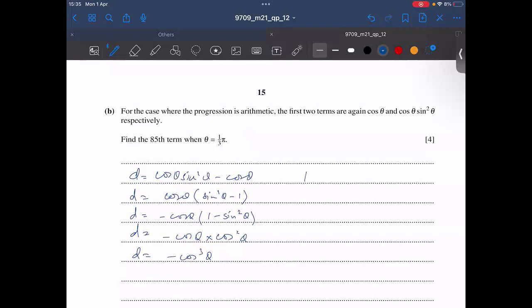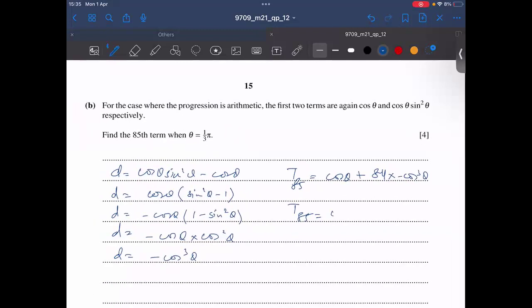And so T85 is going to be a, which is cos theta, plus 84 times minus cos cubed theta. T85 is going to be cos pi by 3 minus 84 cos pi by 3 whole cube.